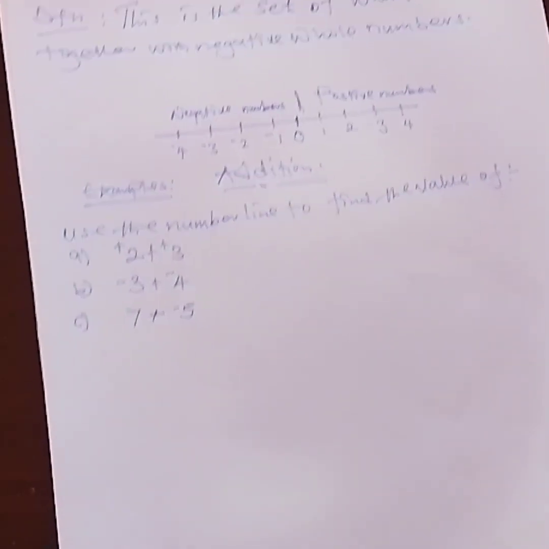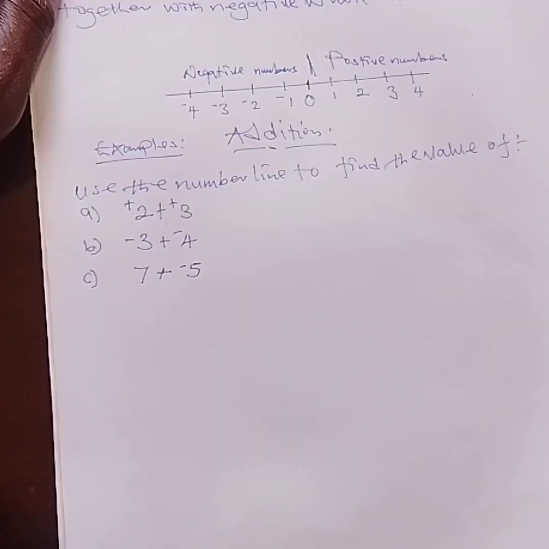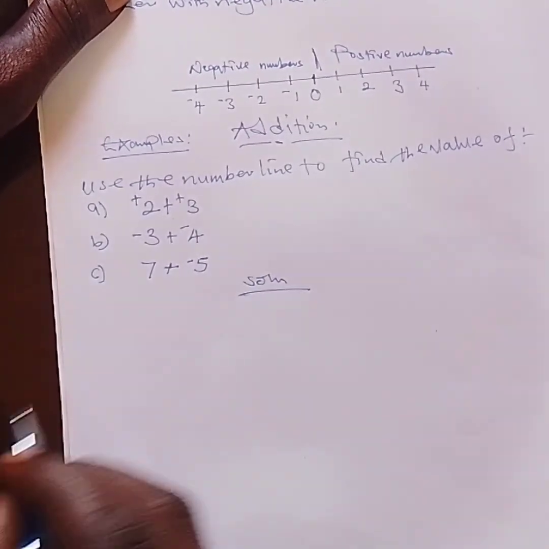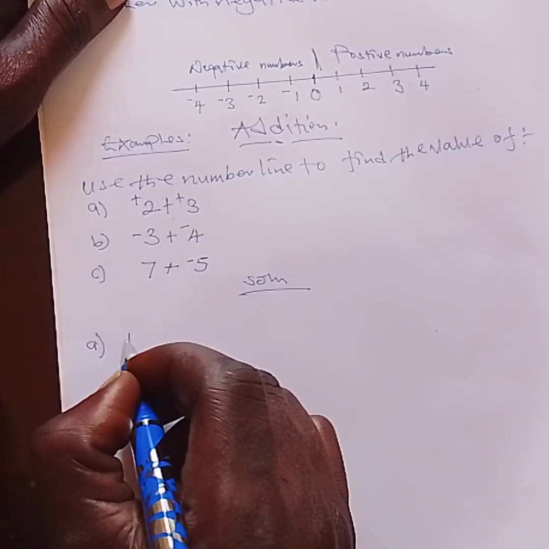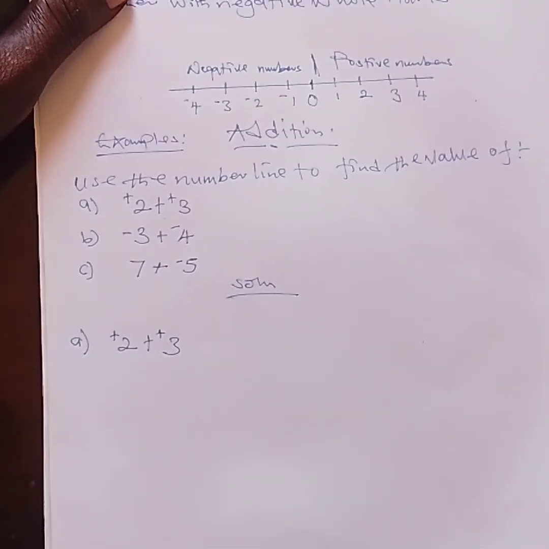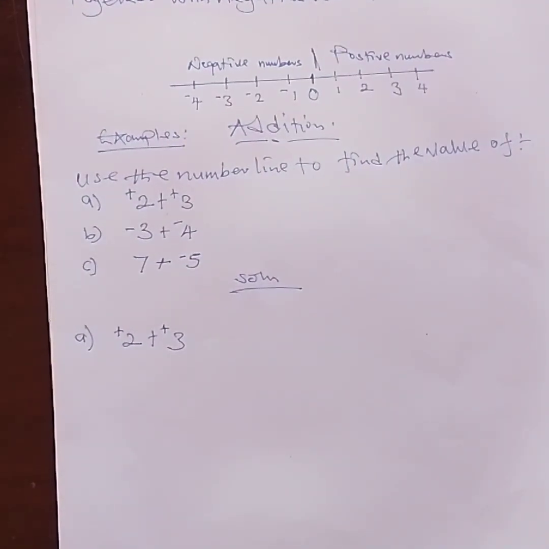What are we going to do when we get such an equation and we are told to use the number line? In the A part, where we have positive 2 plus positive 3, on the number line we move 2 steps from 0 to positive 2.